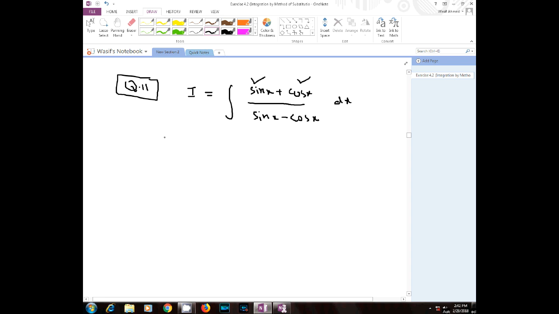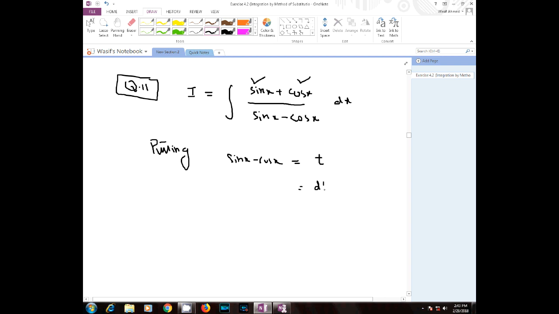Instead of this, you can solve it in a more sensible manner. So you have to put the term whose derivative is given equal to some other variable. So we will put sin x minus cos x is equal to some other variable t.